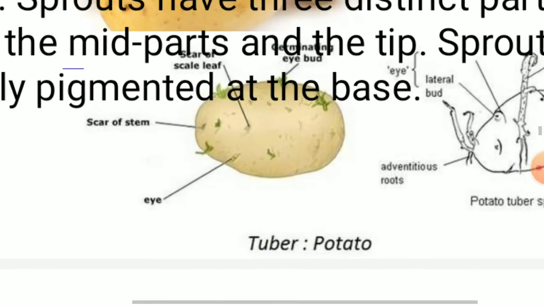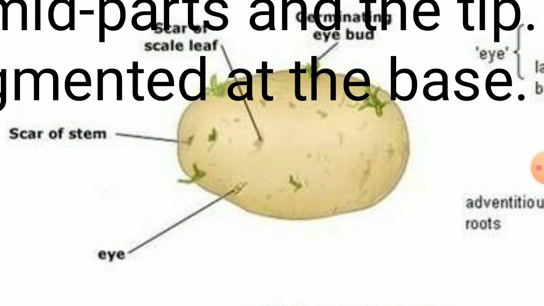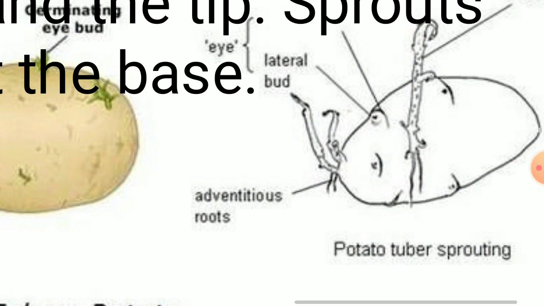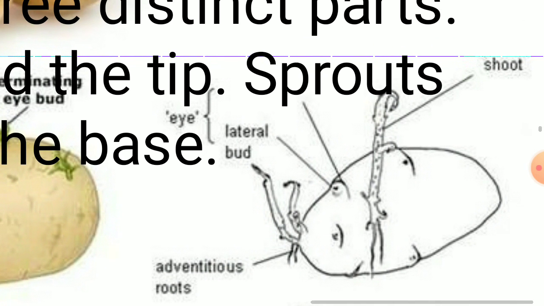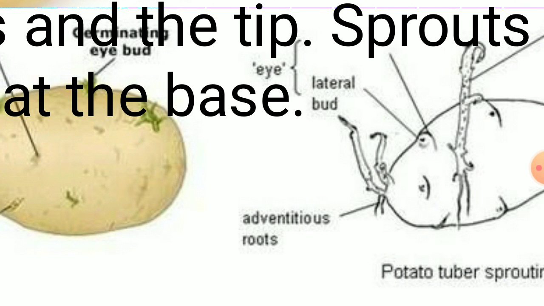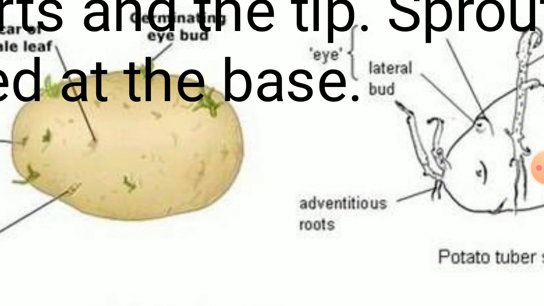You can see potato eyes and eye bud and scale leaf, scar of stem, adventitious root, sprouting shoot, lateral bud. Growing of bud in form of sprout reduces the quality of tuber.